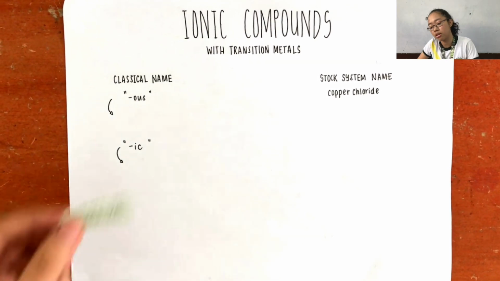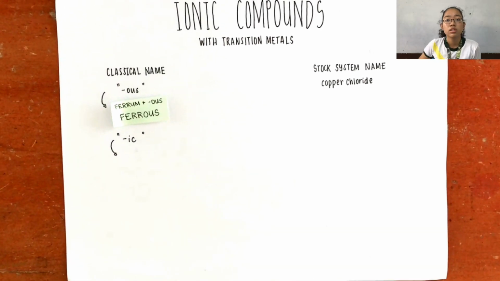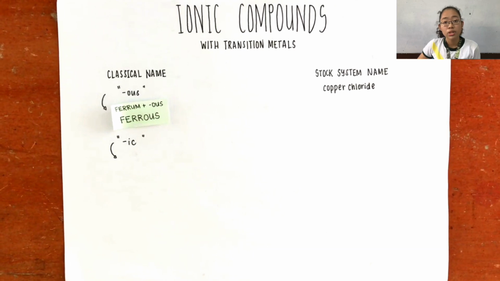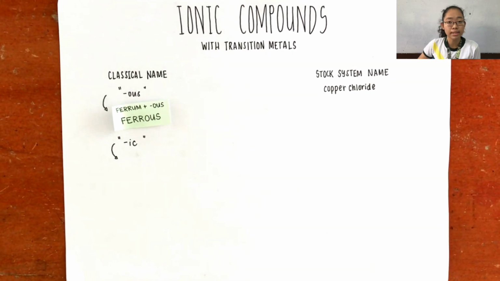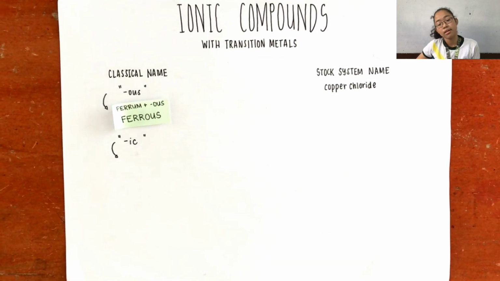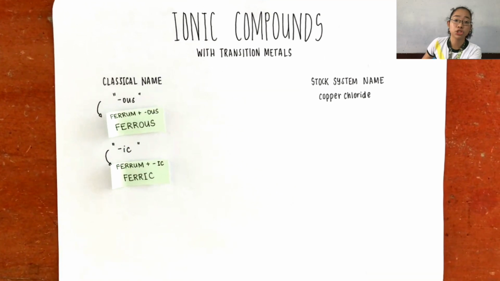For example, ferrous, which has a charge of 2+. While for the other one, the suffix IC, you use it if the transition metal has a charge on the higher scale. For example, ferric, which has a charge of 3+.